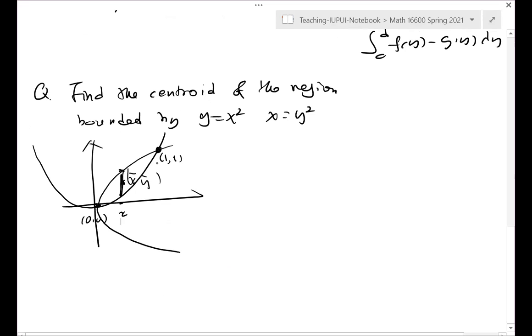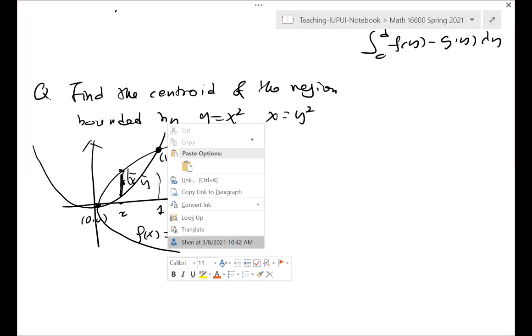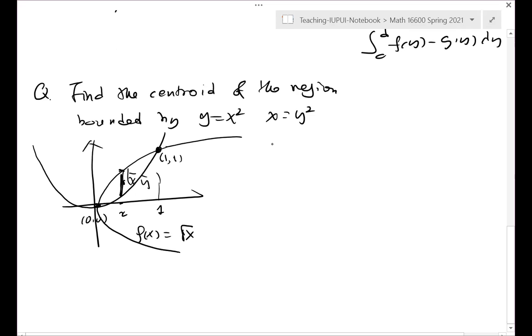So at every point, if you project this region onto the x-axis, you get a density function. The density function is the difference of these two functions. The one on the top is going to be square root x, because that curve is y equals square root x. And the one at the bottom is just x squared.